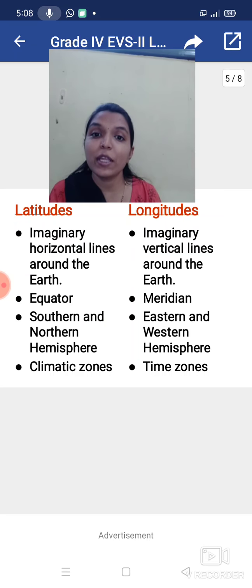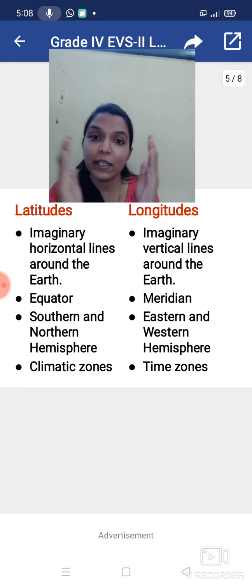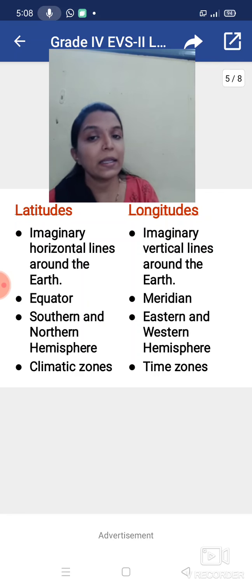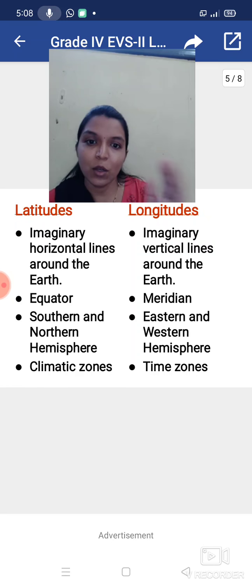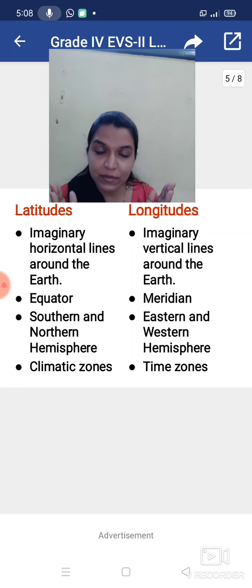It is also an imaginary vertical line which divides the Earth into two halves, but vertically. And in latitude, the equator divides horizontally. And in longitude, the meridian divides into two halves vertically.